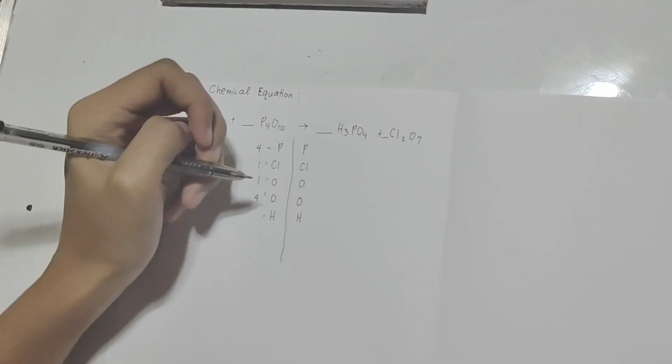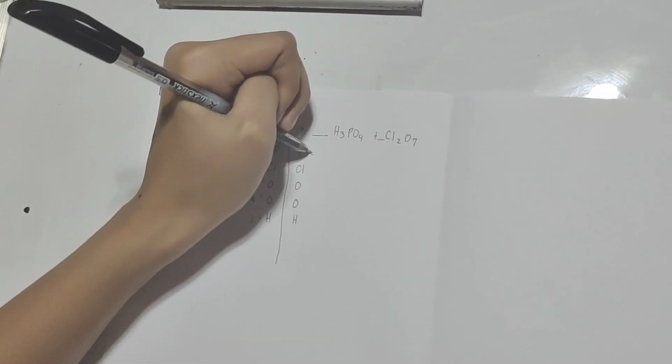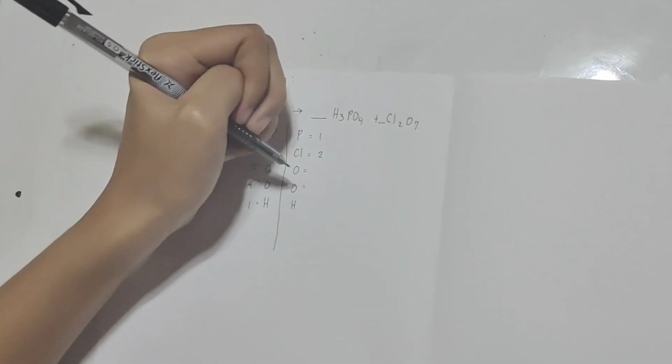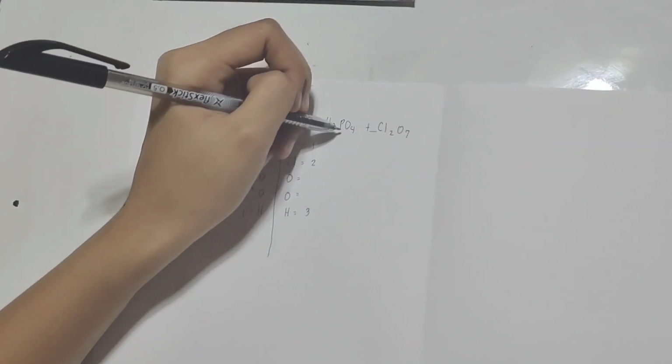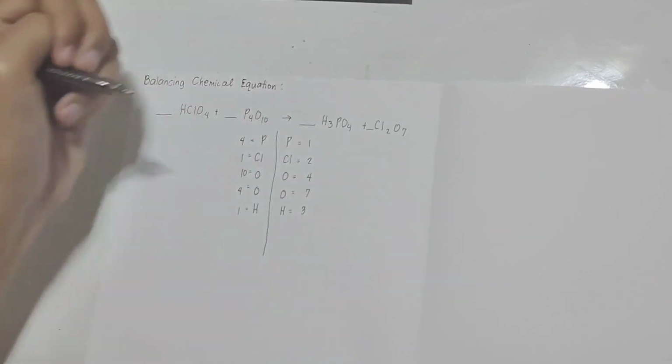Do the same thing for the product side. Phosphorus is equal to 1, chlorine is equal to 2, hydrogen is equal to 3, and oxygen is equal to 4 and another 7.